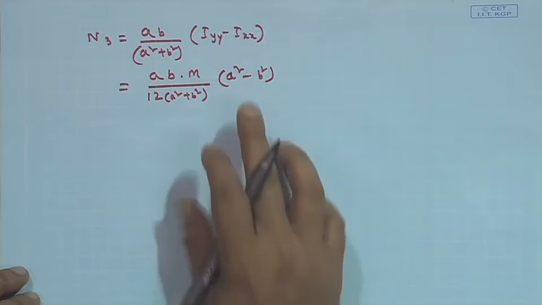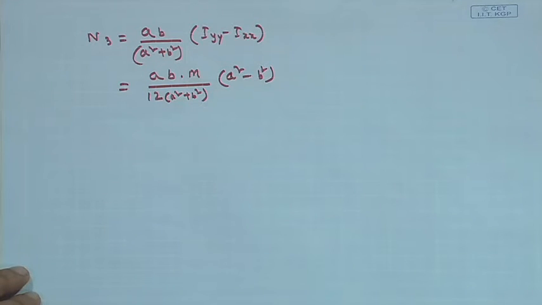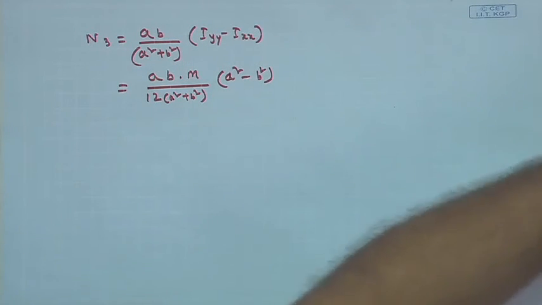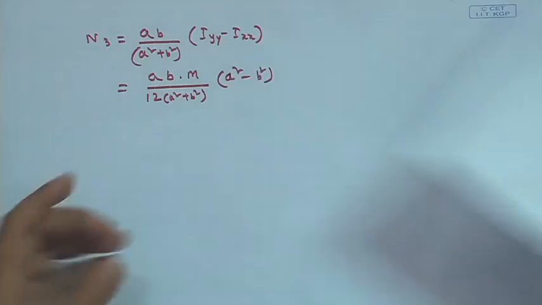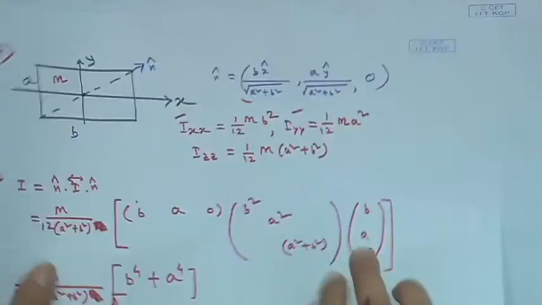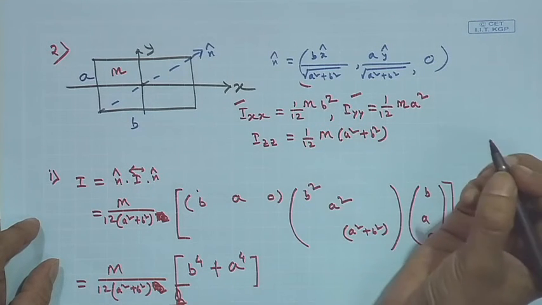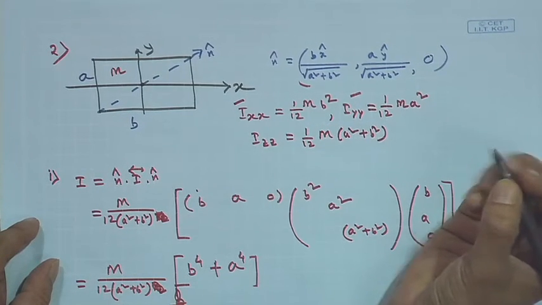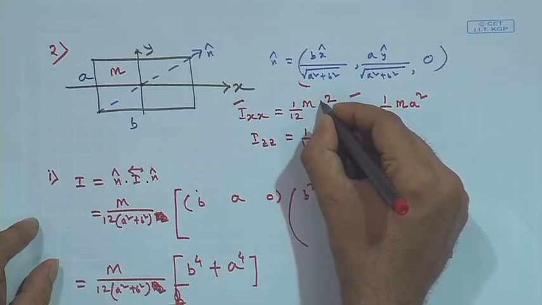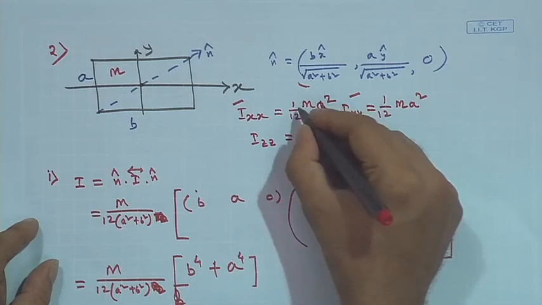Okay, oh, I know. So I made a mistake initially. Oh, okay. So Ixx will be, Ixx will be a square actually, sorry, m a square.